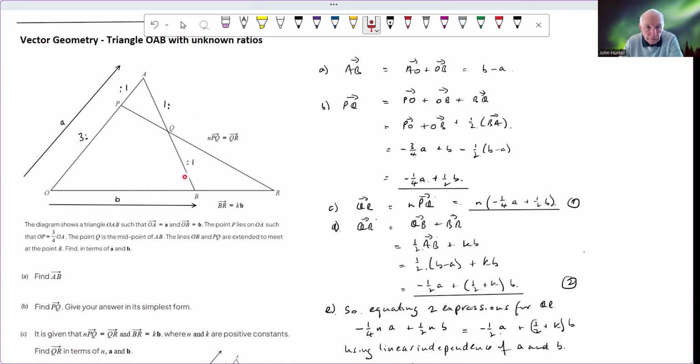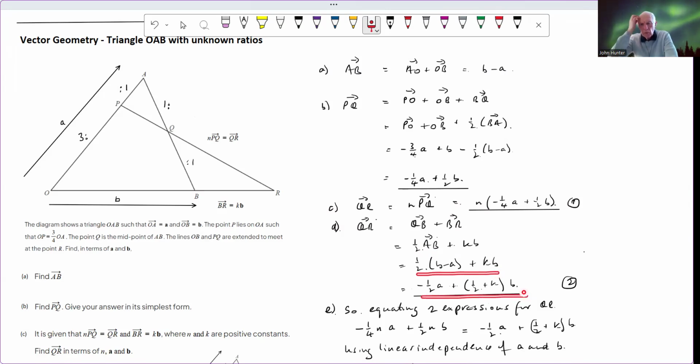Okay, so this ratio is 1 to 1. So half of AB plus BR. Well, BR is equal to kB. So that's what we've got there. And if we substitute our AB in there for that, we get this expression.